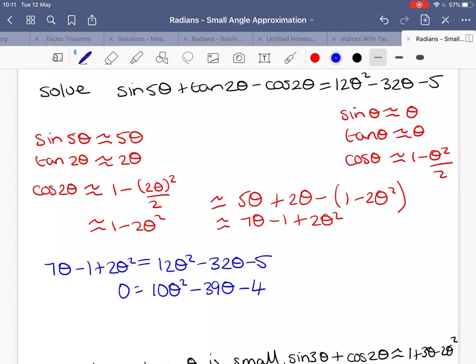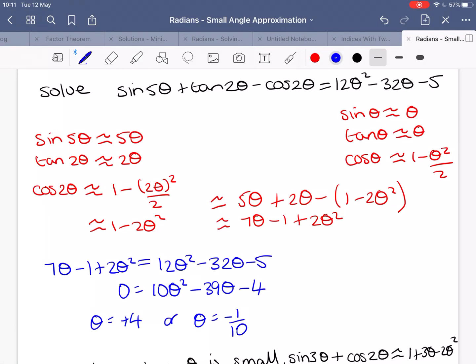So again, use your menu button, find your equation editor, do 2 polynomial, and we've got 10 theta squared minus 39 theta and minus 4, and you'll get your answer of theta equals minus 4, or theta equals plus 4, or theta equals minus 1 over 10.